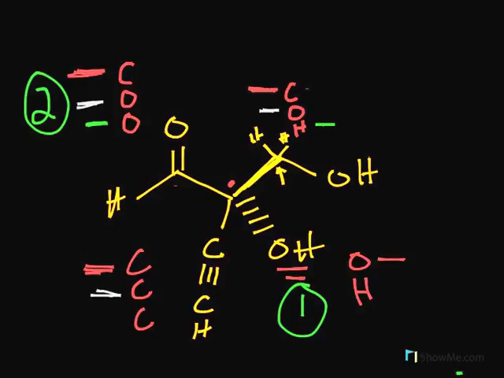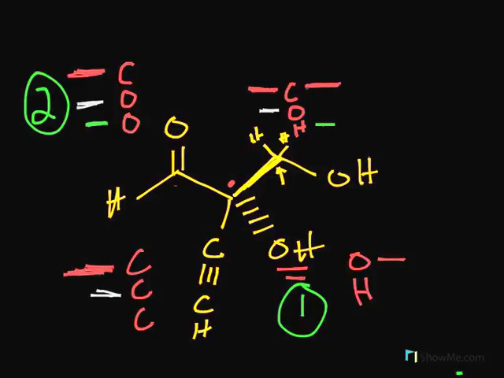Now what's going to be our third priority? Now we need to decide between the CH2OH and the alkyne, and we've already listed them out. We're starting off with the first atom. We have carbon here, and in this case we also have carbon.